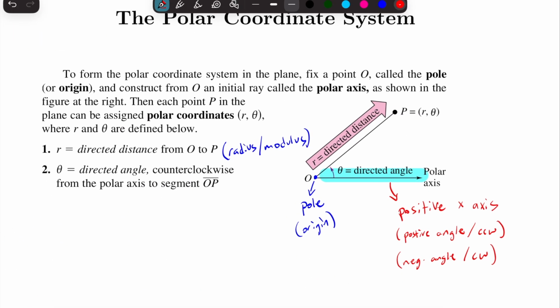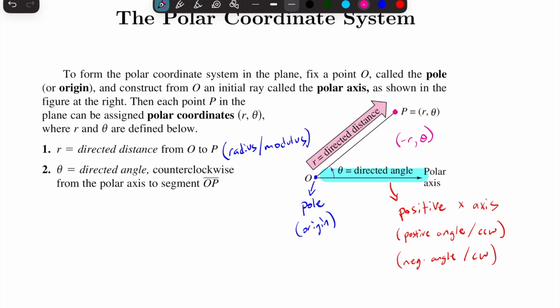One anomaly I want to point out is you can also have the radius be negative. And so when you're graphing with a negative radius, so say this is the point where P has a positive radius, theta, and I want to graph a negative radius and the same angle.